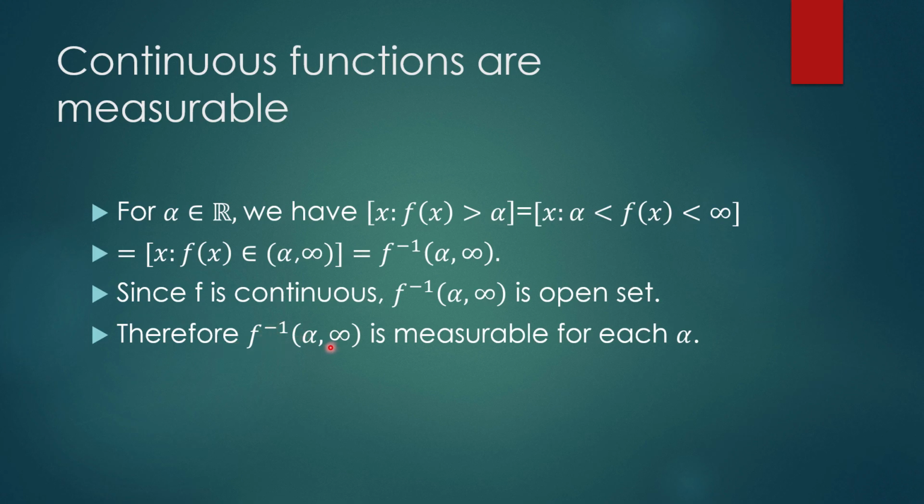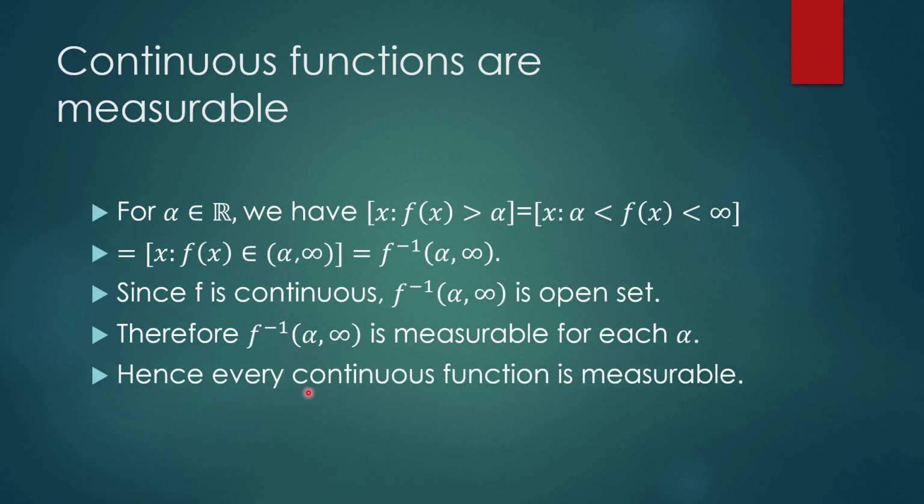All right. So what we do is that we are converting the given set in terms of measurable sets, either the difference of measurable sets, union of measurable sets, or intersection of measurable sets.